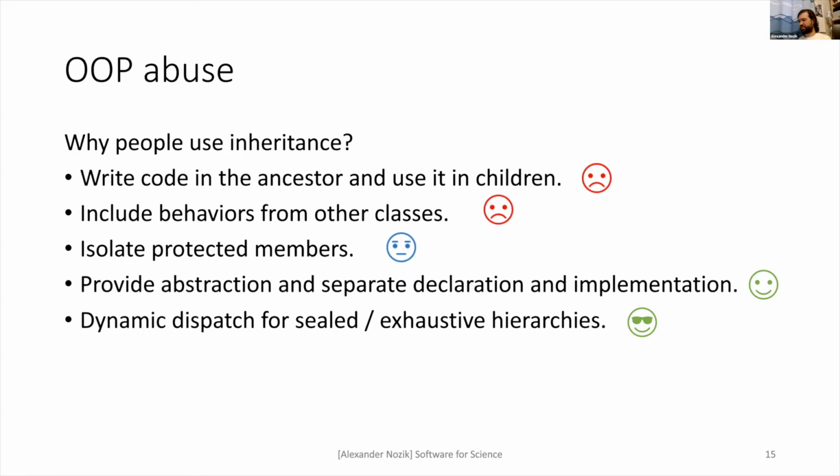There are a lot of examples where it fails. Another reason is to include behaviors from other classes. Again, it's not what object-oriented programming is made for. You probably know the saying that composition is better than inheritance, and this is exactly where it applies. Another reason is to isolate protected members, I mean, forbid access to some internal fields to external users and use them only in the behaviors you want.